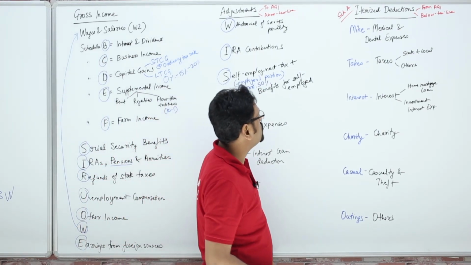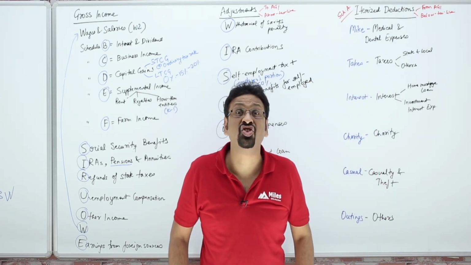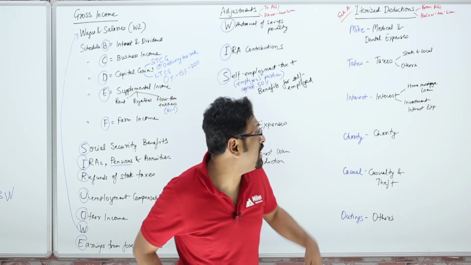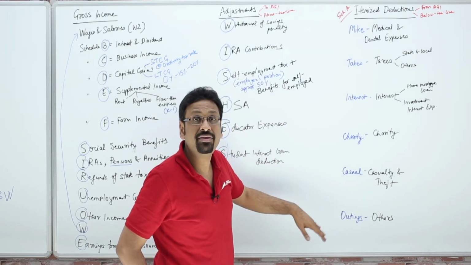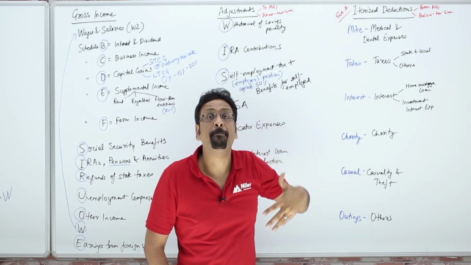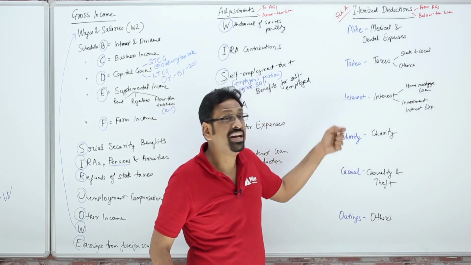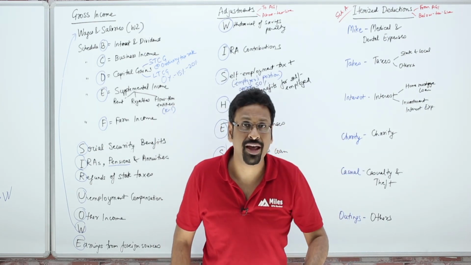And I'm sure you still remember Mike, who takes interest in charity and casual outings. That's your itemized deductions from AGI, below the line. So adjustments and itemized deductions are all deductions.